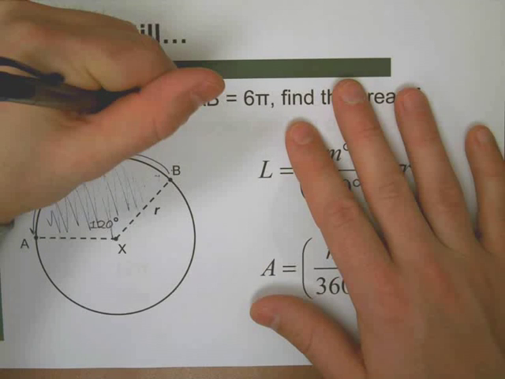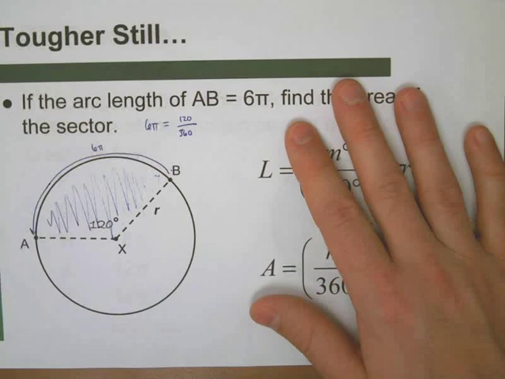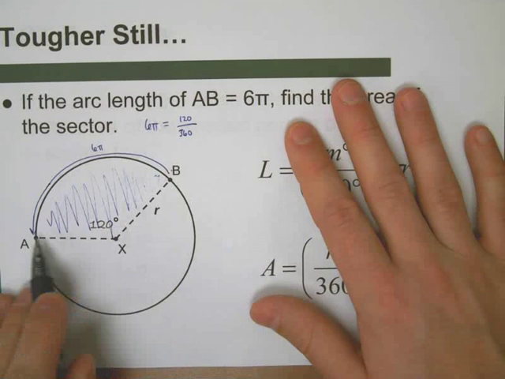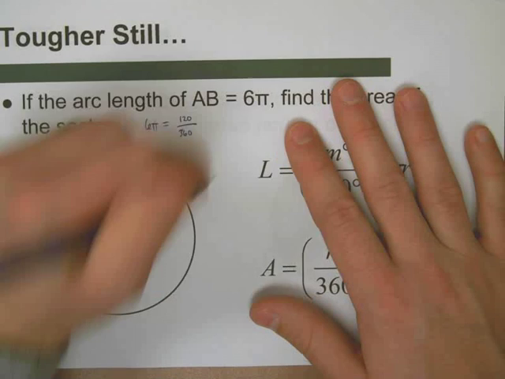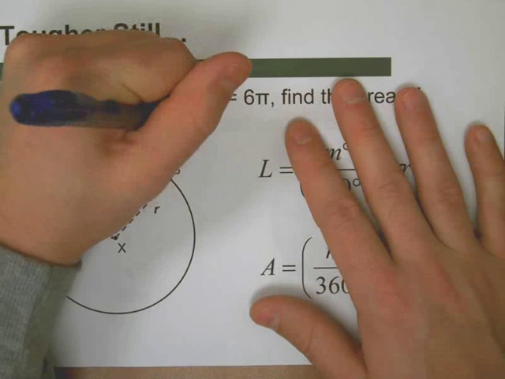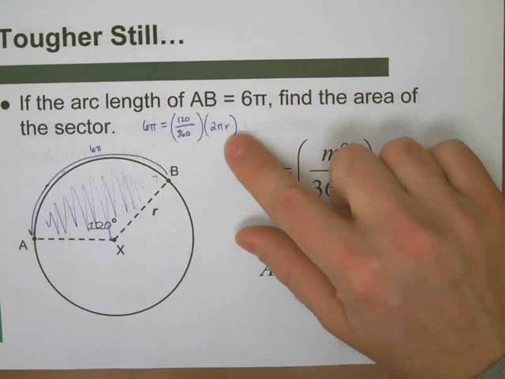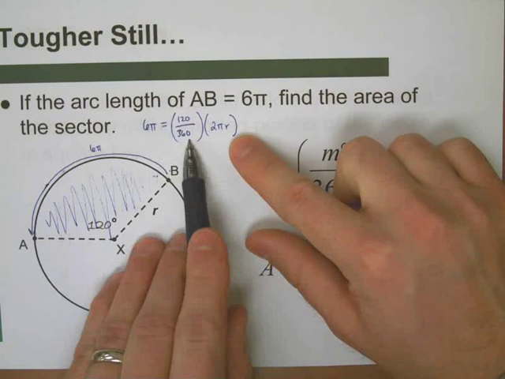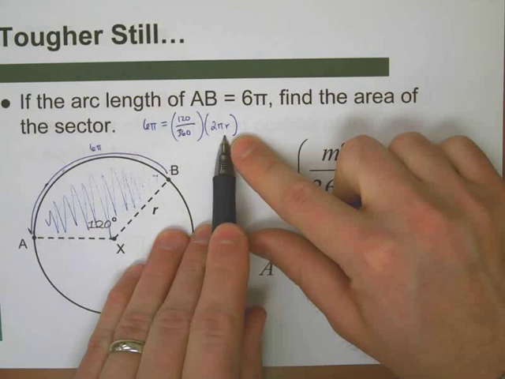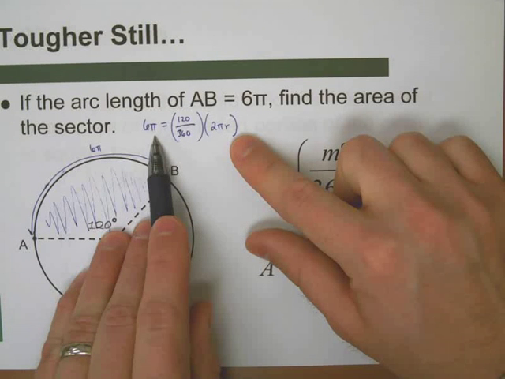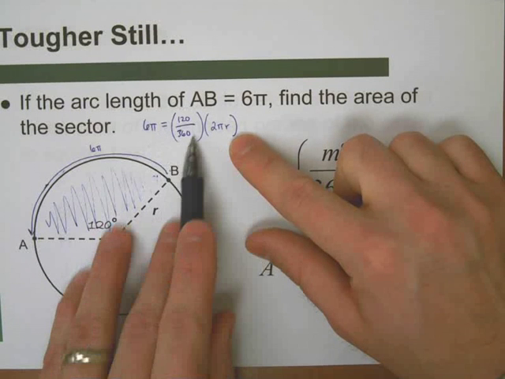I got that 6 pi by doing 120 out of the 360 degrees. That's the portion of the circle that I traveled, and that's out of the total circumference, right? So I can either put pi times the diameter or 2 pi r here. Some portion of the circumference would give me 6 pi.